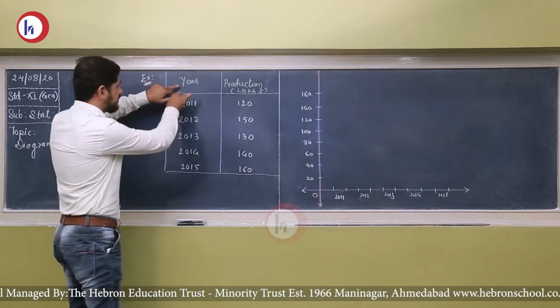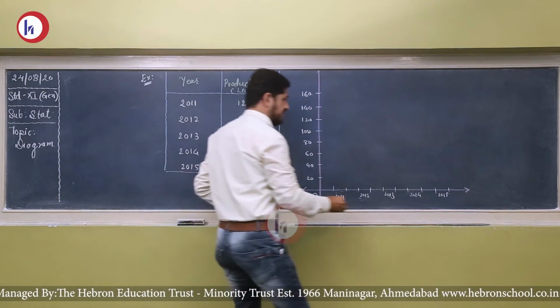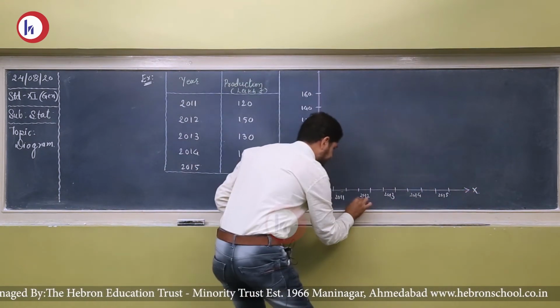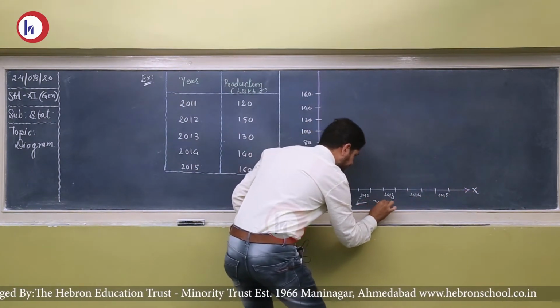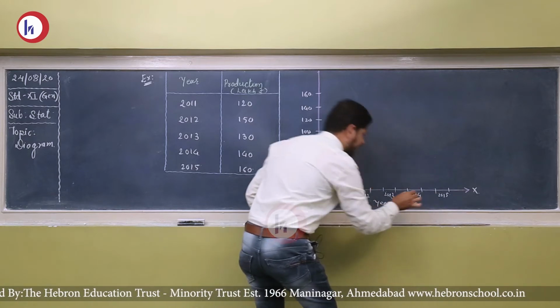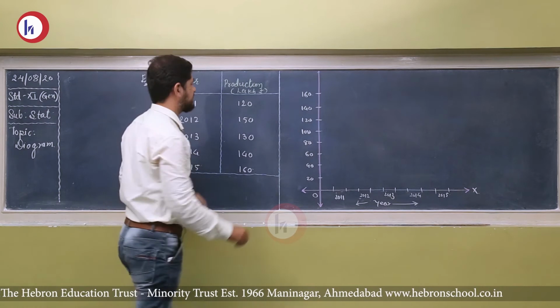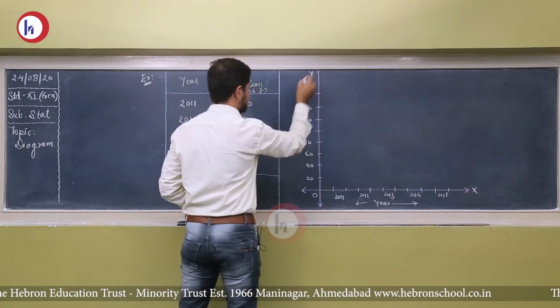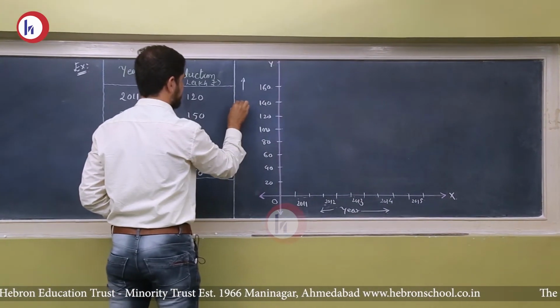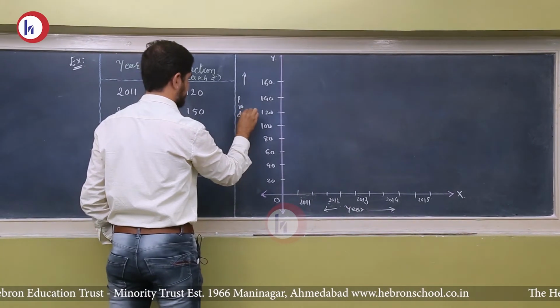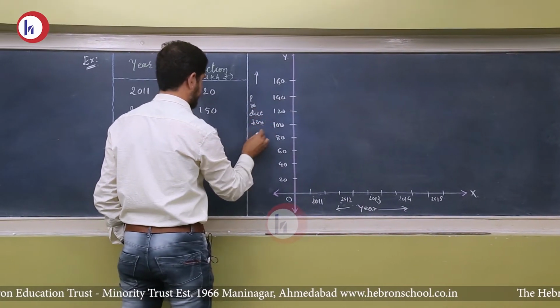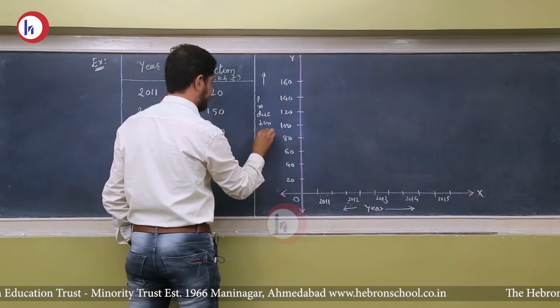Okay, years on the x-axis. So on the x-axis we will write the year and production in lakh on the y-axis. So on the y-axis, that is production in lakhs.